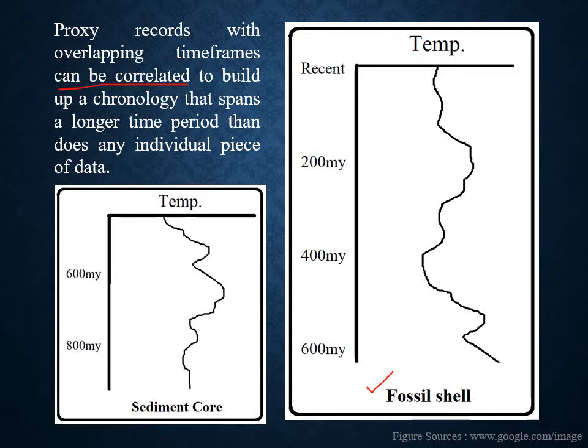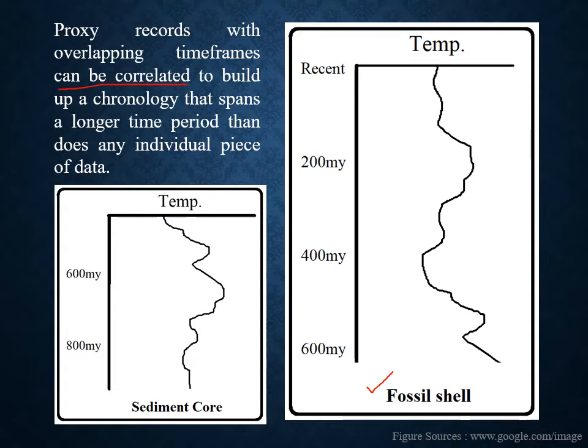Say for example, from fossil shells, we get temperature data for the last 600 million years. Now, before 600 million years, as the shelly organisms, that means hard part bearing organisms, are rare, we are not able to get a good amount of temperature data from fossil shells.